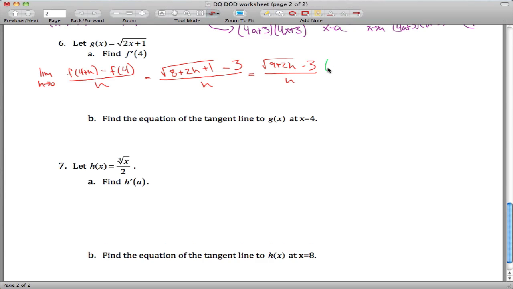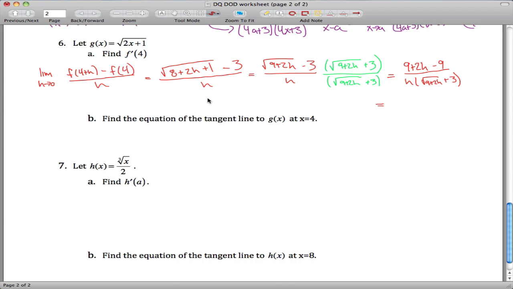So we're going to multiply by the square root of 9 plus 2h plus 3. And by doing that, I end up with the difference of squares. I get 9 plus 2h minus 9 divided by h times square root of 9 plus 2h plus 3.